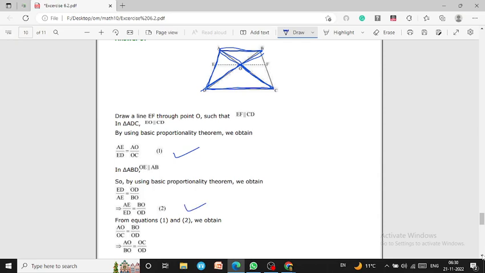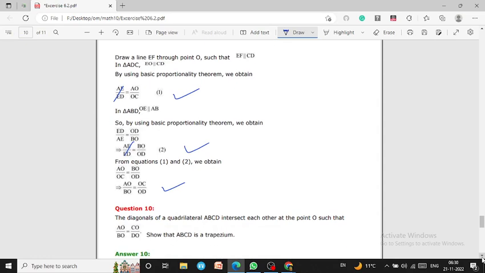From the first and second equations, we get AE over ED is equal to BO over OD. Both are equal, so we get AO over OC equal to BO over OD. On the other side, we can write AO over BO equals OC over OD by interchanging their places, and this proves the question.